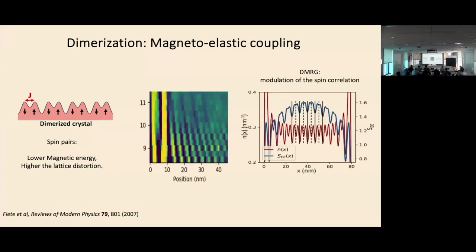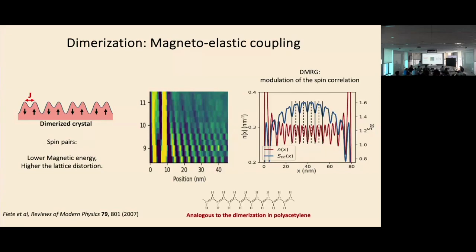And this can be confirmed by the DMRG calculation. If we look at this dimerized part and calculate the spin correlation between the adjacent electrons, we see that indeed in the dimerized part, the spin singlet anti-ferromagnetic coupling of the spin is enhanced.